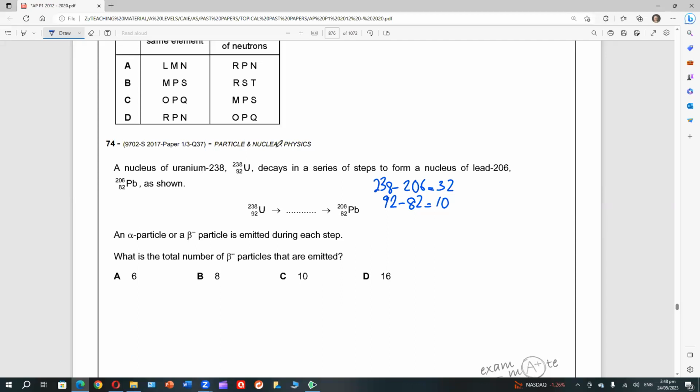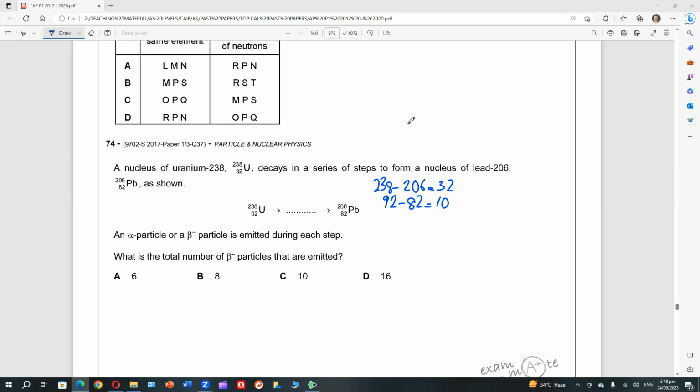So 32 and 6. 6 beta particles, you mean? Beta doesn't change the atomic number.